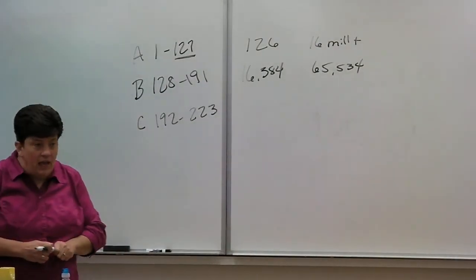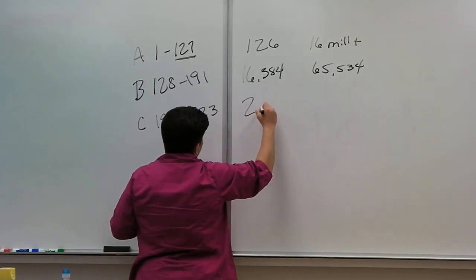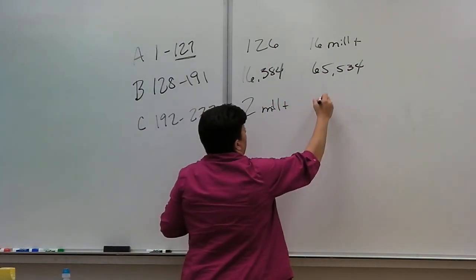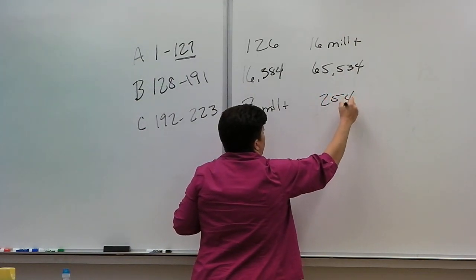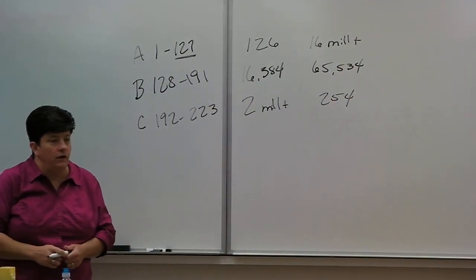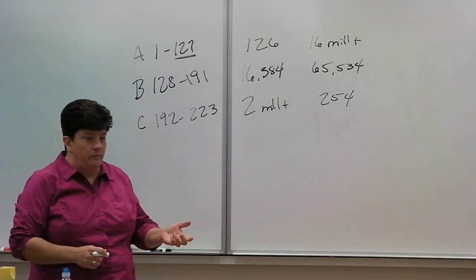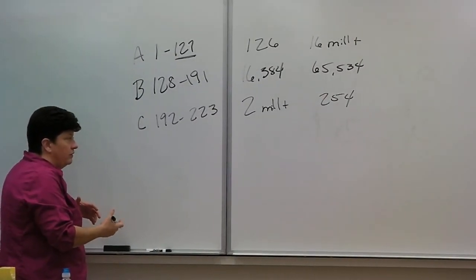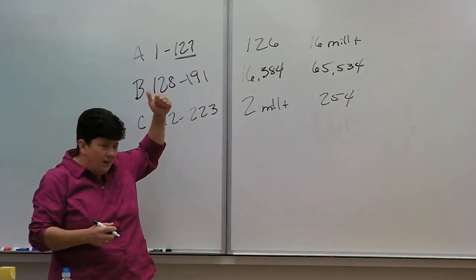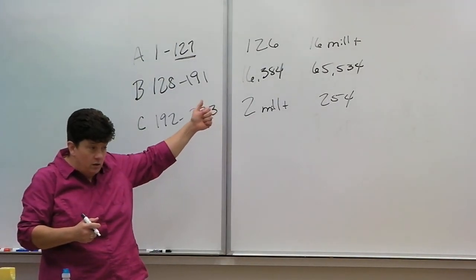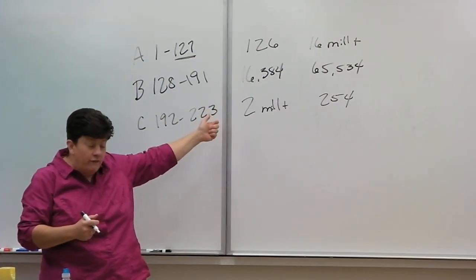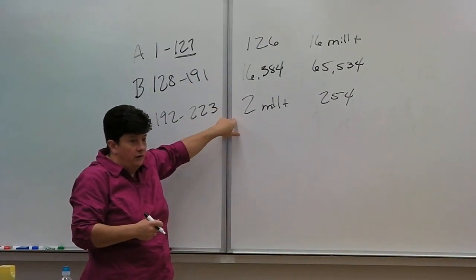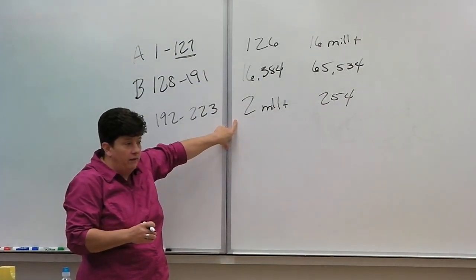Class C, I get a little more than 2 million different networks, but they only have 254 different combinations, each one of them. So just by adding the subnet mask, I went from having, I'm sorry, all that was wrong, 254 different networks to millions of different networks, just by adding that.